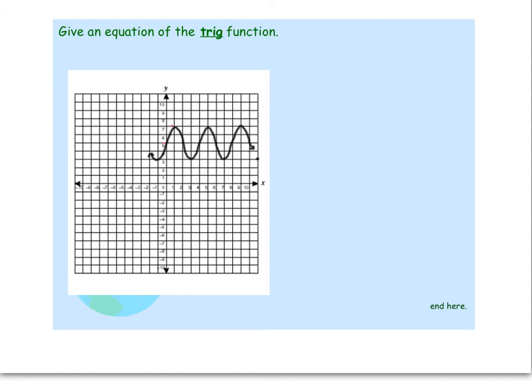Couple things to notice here. There is a maximum at y equals 7. There's a minimum at y equals 3. Okay? Distance between consecutive maximum points, that looks to be at x equals 1 and then up to x equals 5, which means the period is 4.